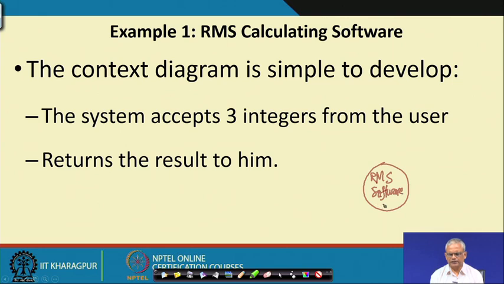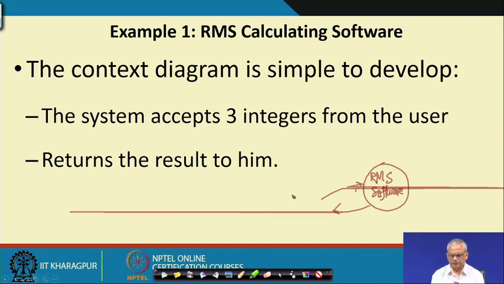Only at the context level is a noun form of the process allowed. In the other levels, we typically give a verb form to the process, and then it accepts 3 integers and produces the result, and we have the user for this.